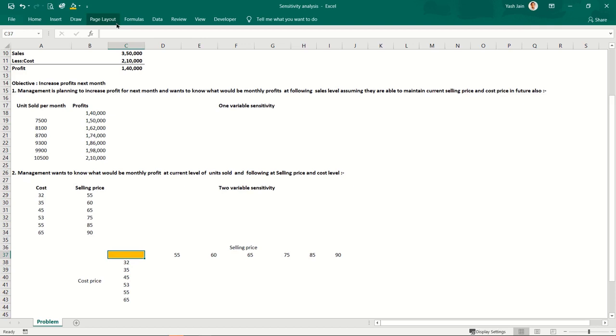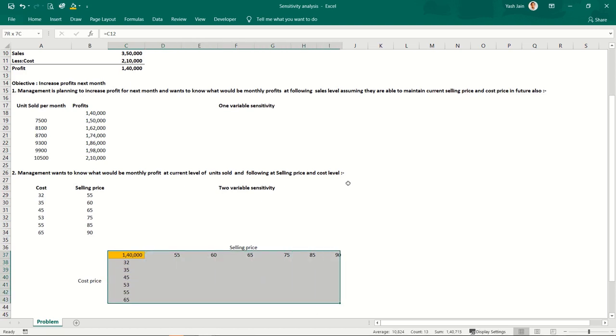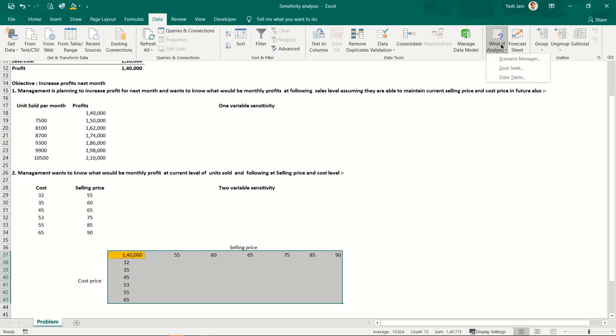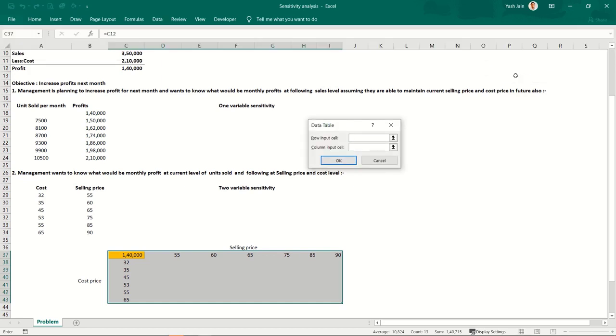So here you have to place your operator. Here operator is the answer that you want in these cells. Still the answer you want is profits at these level of selling price and cost price. So I'll simply link this operator from here. Right now I can simply select this data and go to data and then what if analysis and then data tables. Now it is asking me what data you have in your rows.